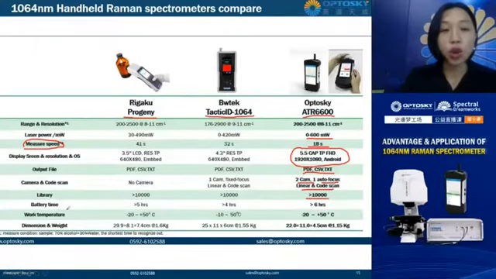And this is also very unique. We have a battery life over 6 hours, and you don't need to worry about a hot instrument, because somebody has complained about the BWTech hot instrument. And also we have the most compact size and the most lightweight.